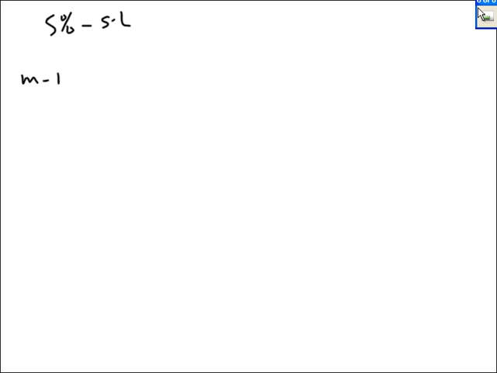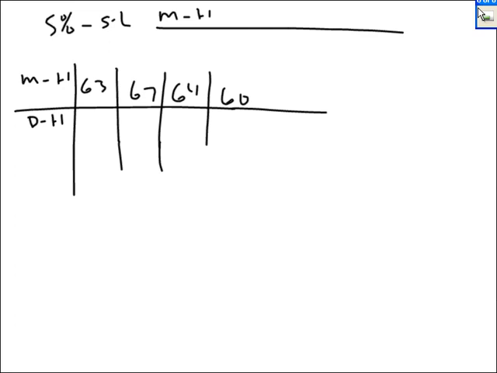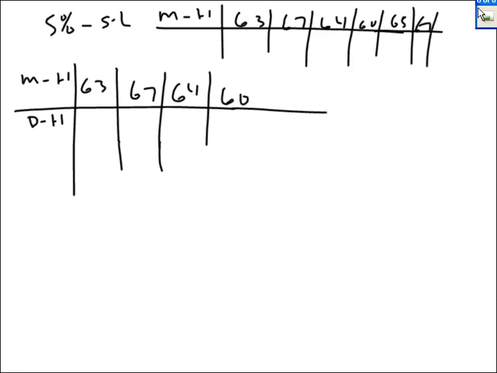So, mothers' heights, daughters' heights, like X and Y. The mothers' heights are 63 and 67 and 64 and 60 and 65 and 67 and 59 and 60. Actually, why don't we try to make this table a little bit smaller?